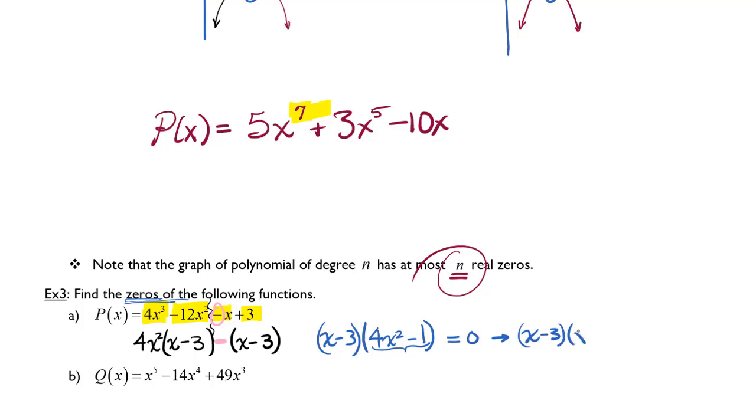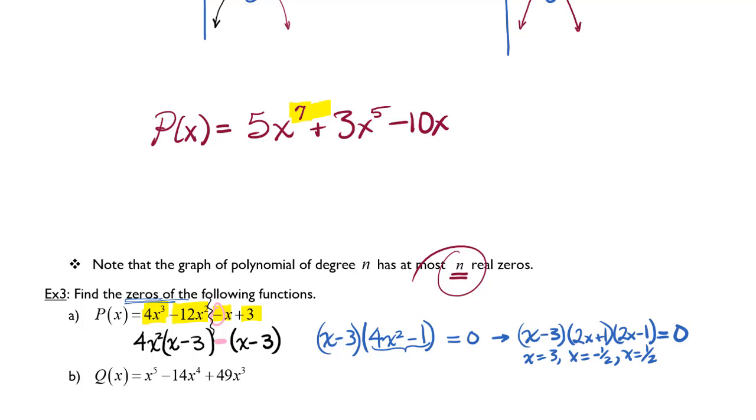X minus 3 is one factor. 2x plus 1 and 2x minus 1 are my other factors, and I'll set that equal to 0. That means the zeros of this polynomial are x equals 3, x equals negative 1/2, and x equals 1/2.